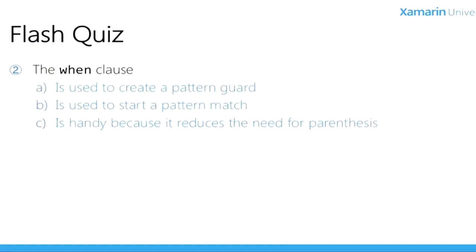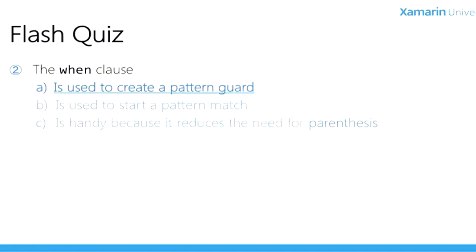The when clause, A, is used to create a pattern guard, B, is used to start a pattern match, or C, is handy because it reduces the need for parentheses. And the answer is A, is used to create a pattern guard.